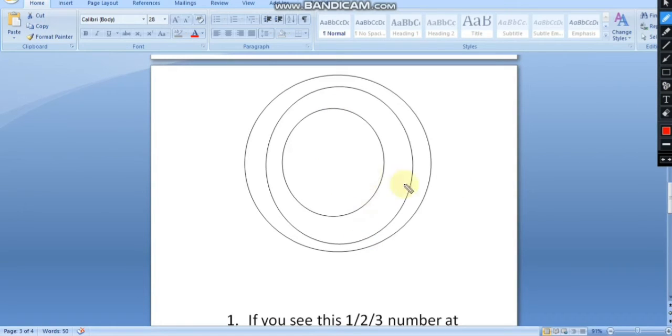If the last orbit has 5 electrons, then it will be called non-metal, or 6 or 7.